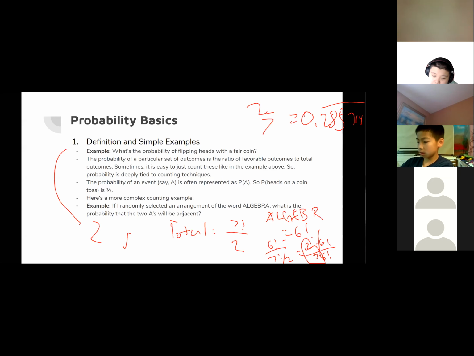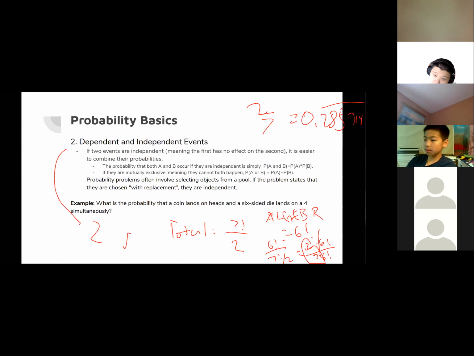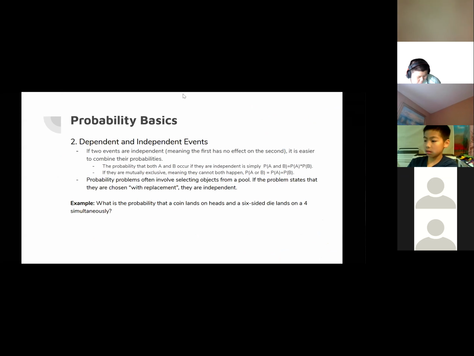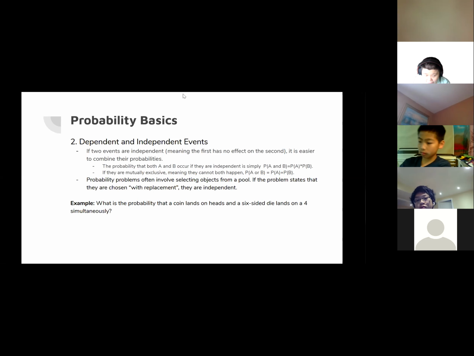So, next we're going to talk about dependent and independent events. We may have talked about this already in counting, but this is going to be just a quick refresher. If two events are independent, what that means is that the first one has no effect on the second one. An example would be: what's the probability that I roll a die and it gives me a 1, and I flip a coin and it's heads?